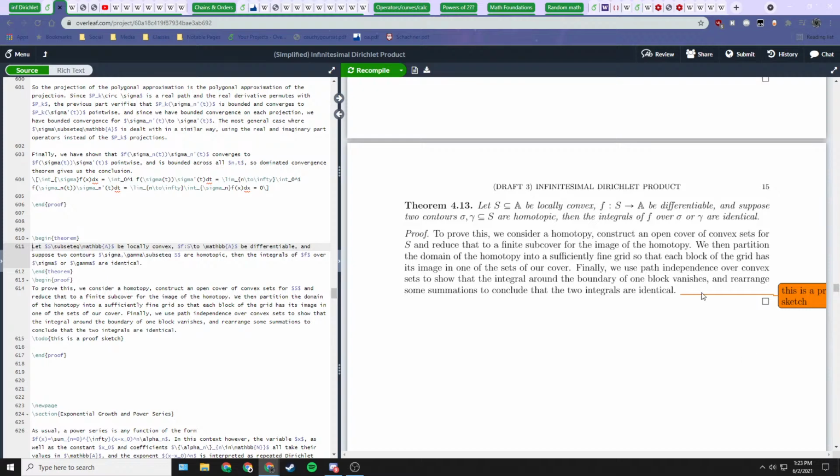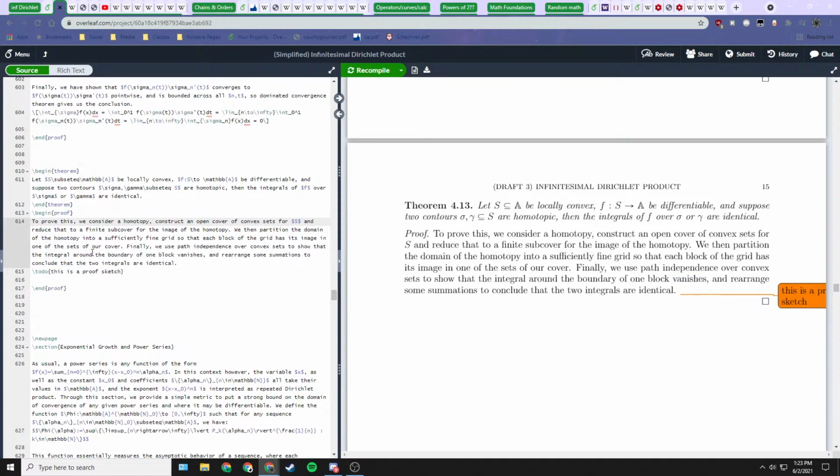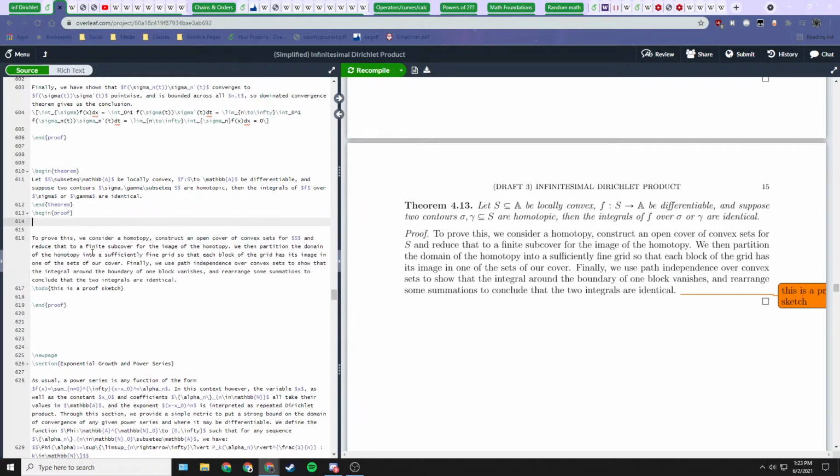Something that's important, so I'll state the definition of homotopy here first so that we can see what we're looking at.